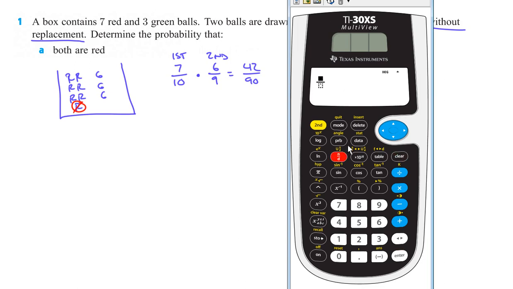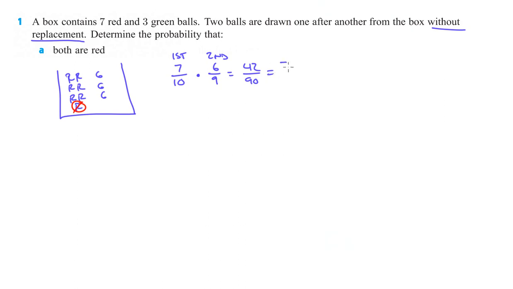That didn't help us, so we do this. 42 over 90. So you can kind of see why it'd probably be easier if you just simplify it first. 7 out of 15. Again, this is an okay answer. I would not mark that wrong. This is just a little bit more simplified. It makes it a little bit easier to understand.